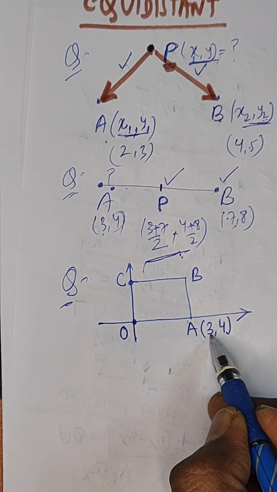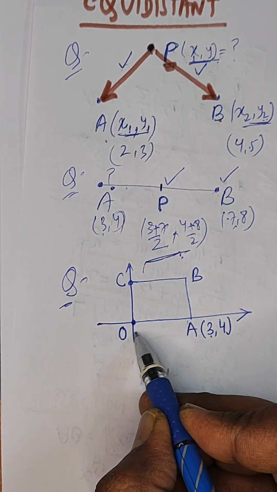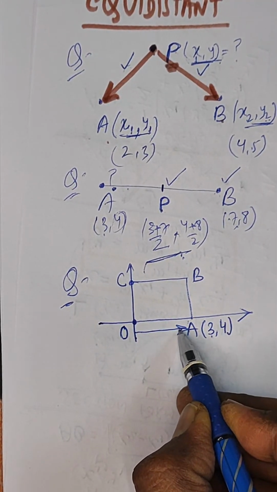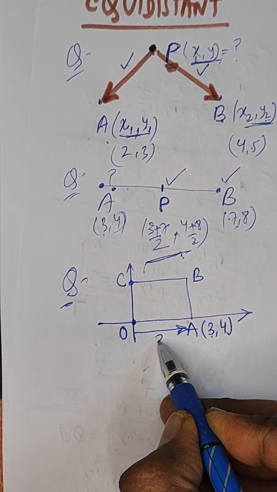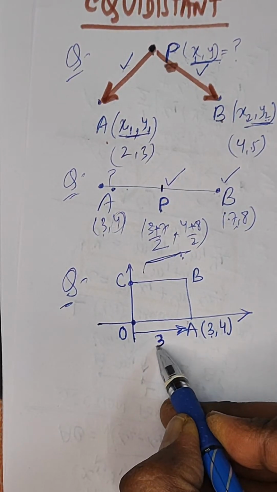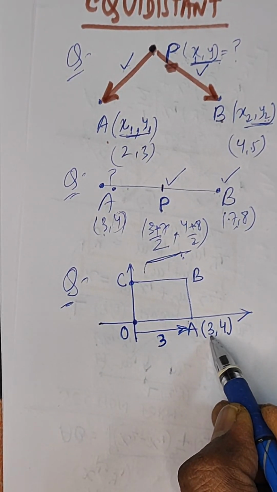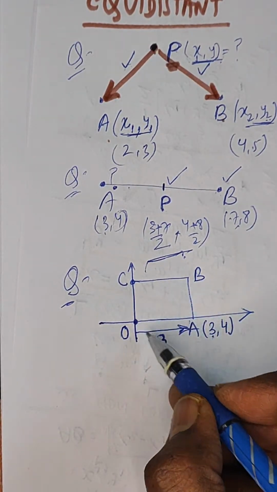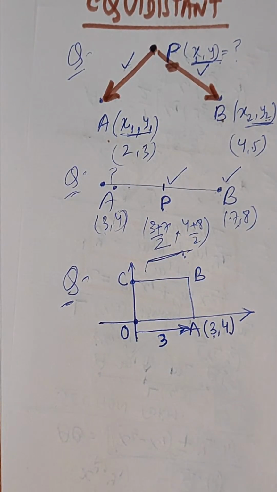What is this 3? 3 is the distance of point A on the x axis, right? So this is 3, and if this is a square, I am assuming that you have a basic concept that all the sides of the square are equal, right?